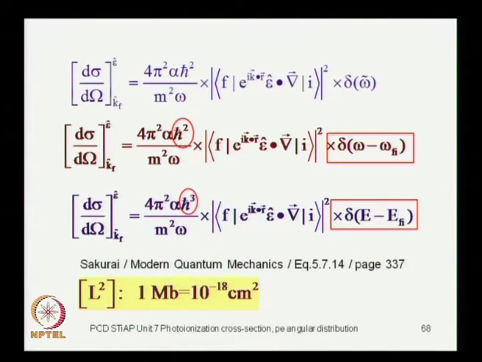And this is really important because in different books, whether you look at Sakurai's book or Schiff's book or Landau Lifshitz and so on, sometimes you find the differential cross section written with a term in h cross square, and sometimes with a term in h cross cube, and obviously you have to keep track of the exact power. And in some literature the Dirac delta is not explicitly even written, because it is understood that the transition will take place at a precise resonant energy corresponding to the energy difference.